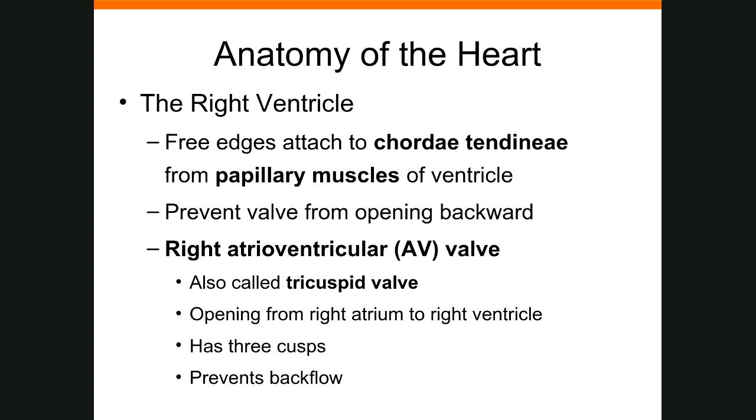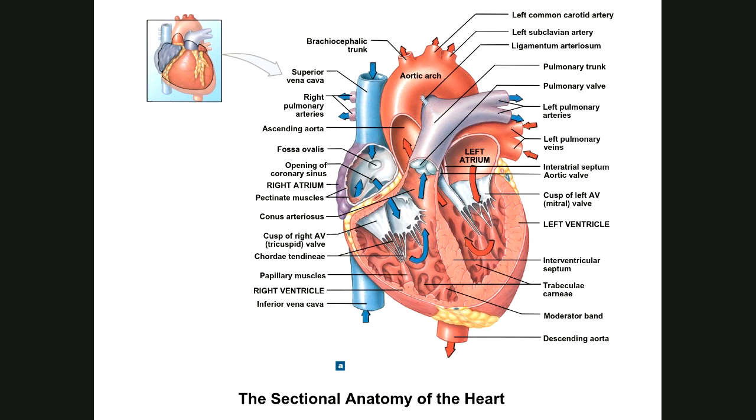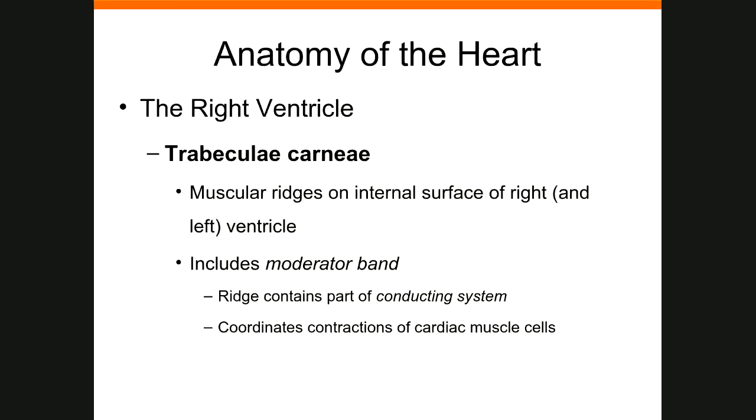Also called tricuspid, we talked about that. I'm skipping because we talked about all this. The right ventricle contained the trabeculae carneae, which are muscular ridges, and it includes the moderator band. We talked about this.